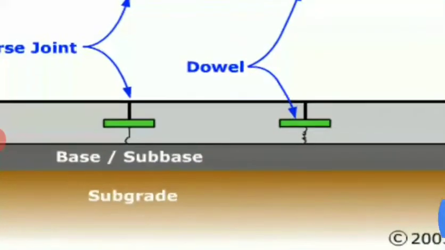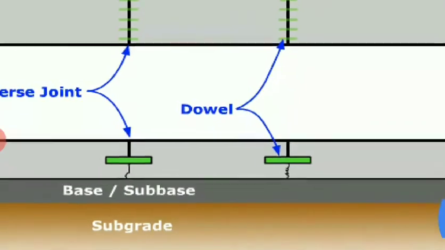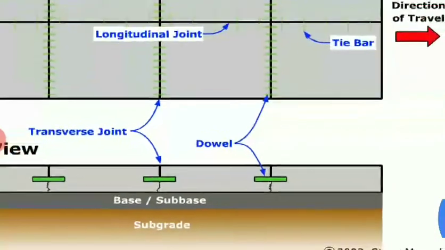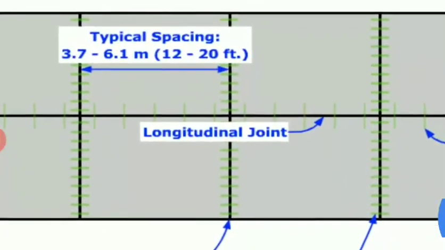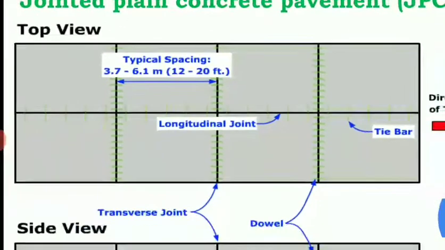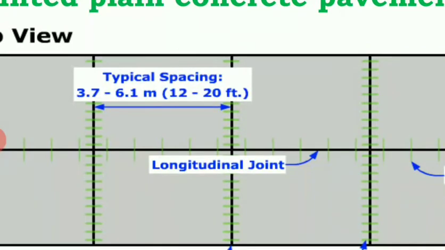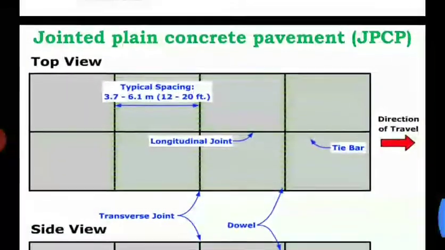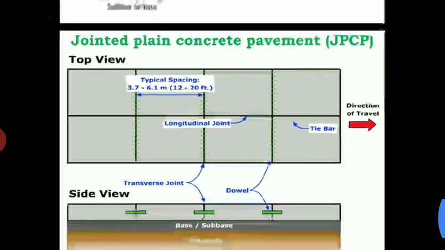Here also you can see how exactly the dowel works with respect to the load distribution. And here you can see the dimensions, I mean the distance from one transverse joint to another transverse joint, that is 3.7 to 6.1 meters. All these things depend on the design concepts of these rigid pavements.